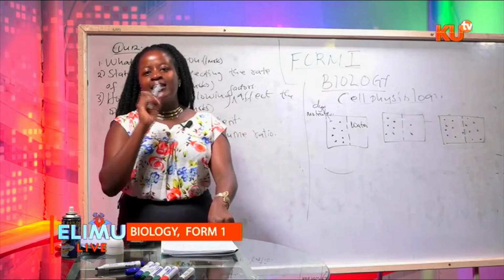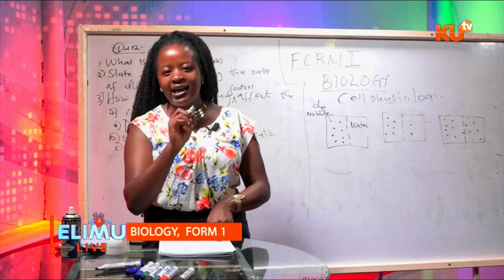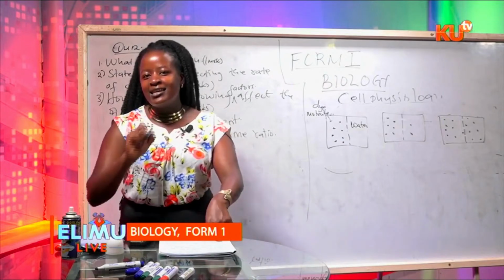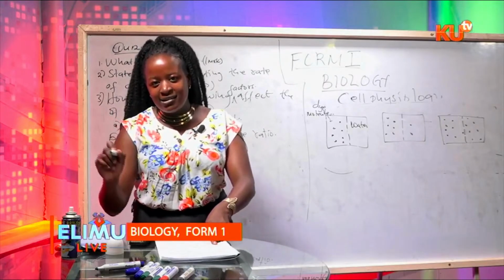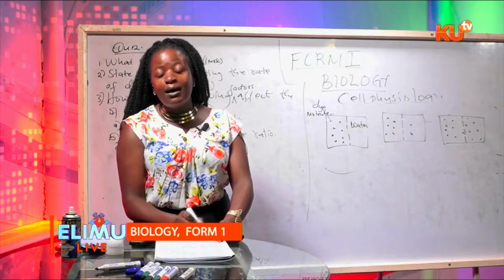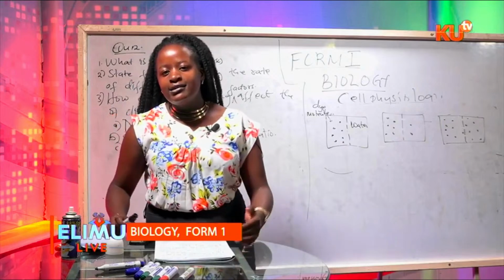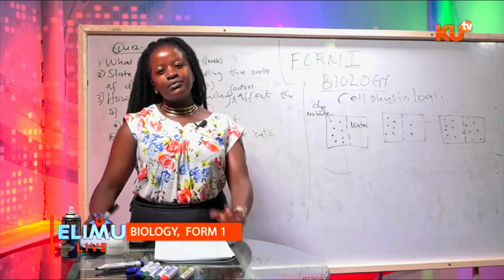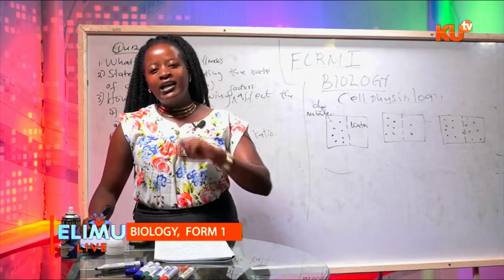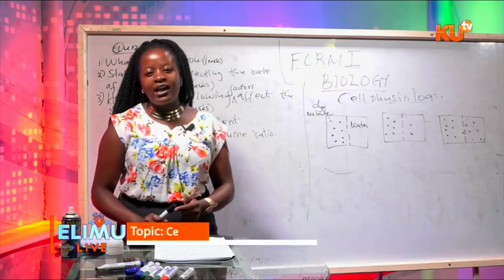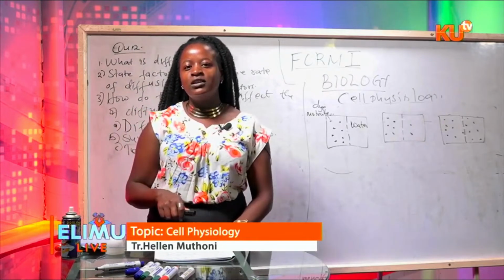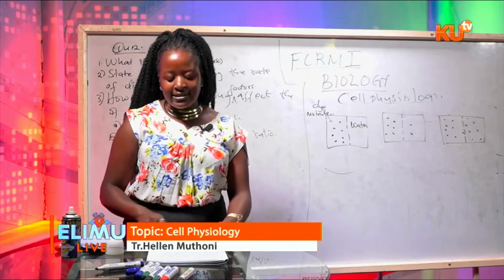Please, students, let us read the question again and again and underline the key points. In plants, that is the key point. So in plants, diffusion aids in gaseous exchange. It also aids in absorption of mineral ions from the soil solution into the root hairs.